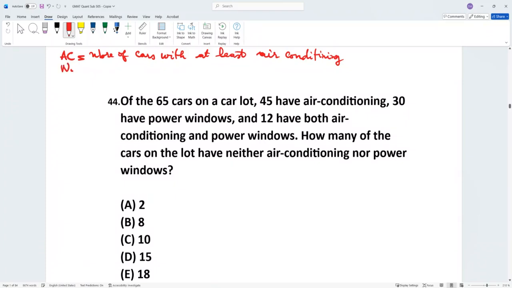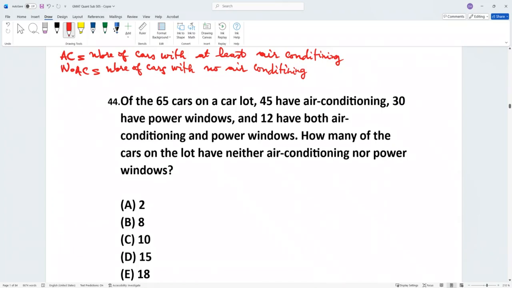And then we're going to say no AC is going to be equal to the number of cars with no air conditioning. So it's going to be the number of cars without air conditioning.